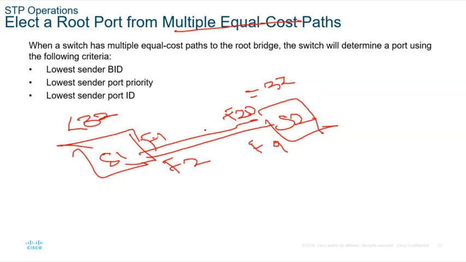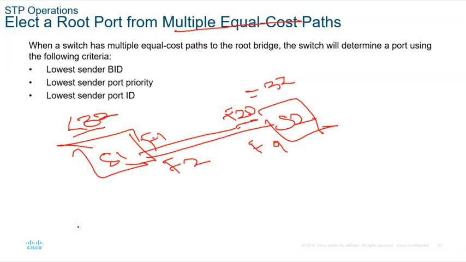Okay, but now which formula are we going to use here? Here we cannot tell which port it should be. So then the lowest sender port priority. You see here we are using the sender's. Now we know the bridge priority, it's this. But which port are we going to block on this side?